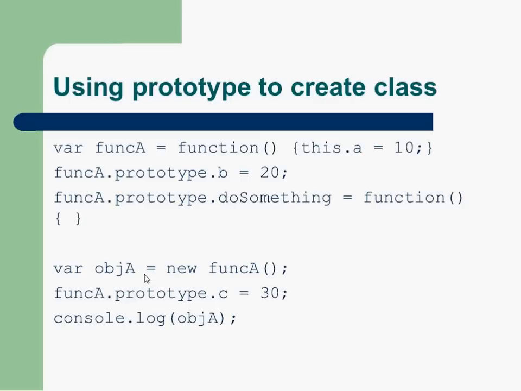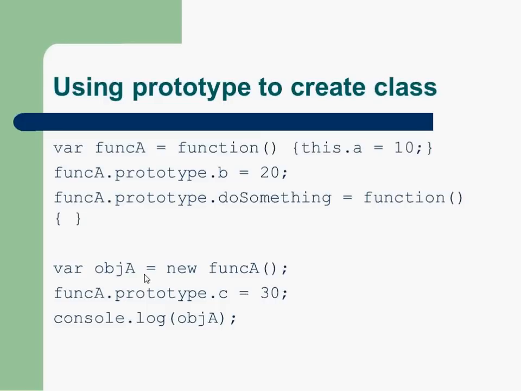Using prototype, something is equal to function. That is also a function, so you have attached a common method. When you need to call it, you say object a dot do something, and it will work without any problems.